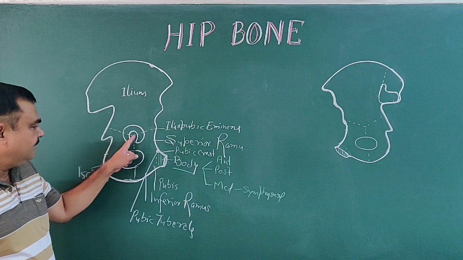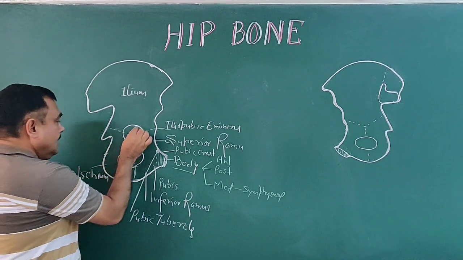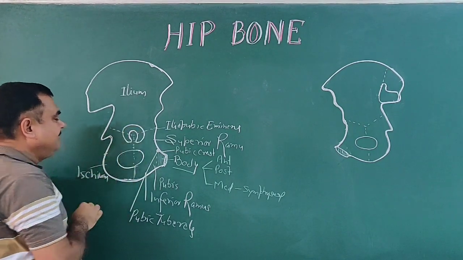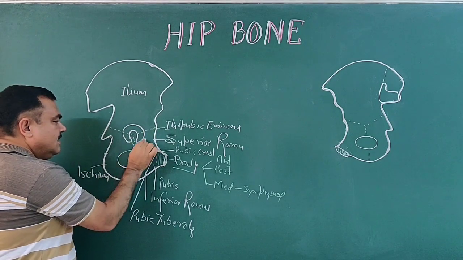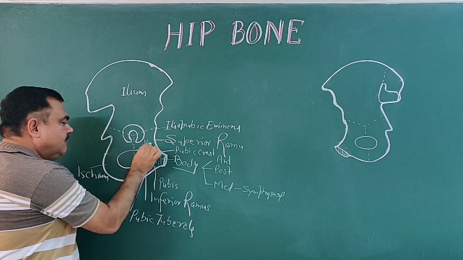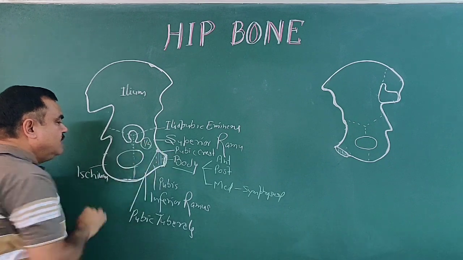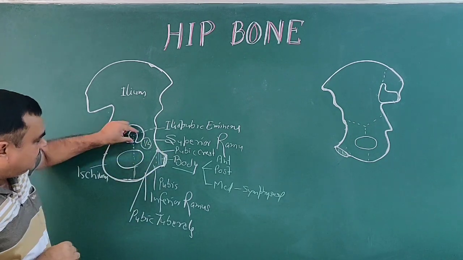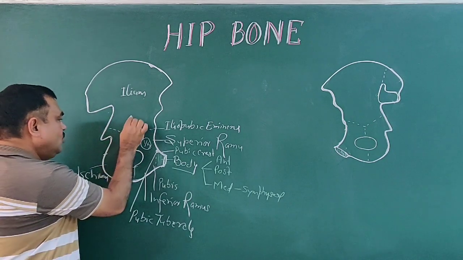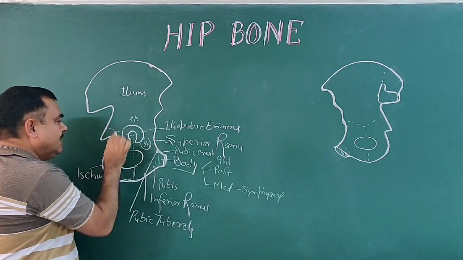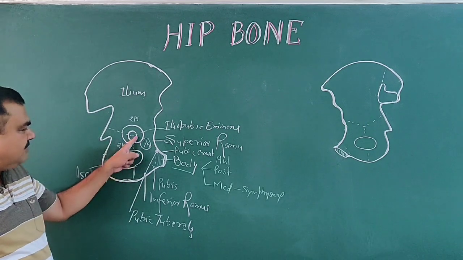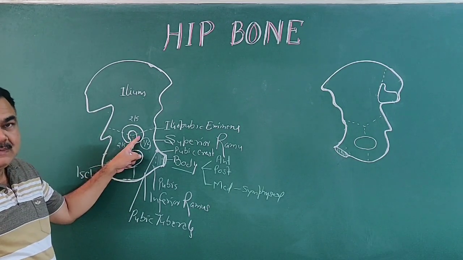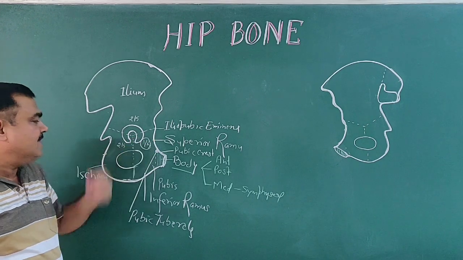In the acetabulum it forms about one fifth part. As you know, two fifths is formed by the ilium and two fifths by the ischium. So one fifth is formed by the pubis. So this is the pubic ramus.